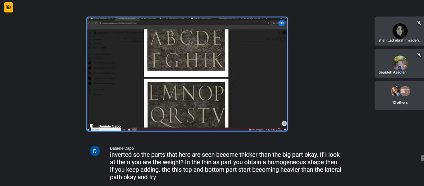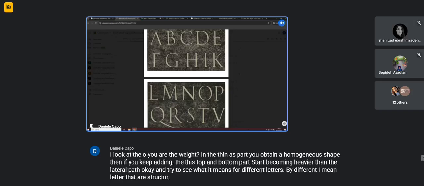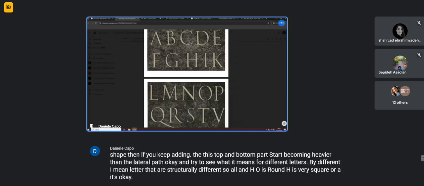Okay, and try to see what it means for different letters. By different, I mean letters that are structurally different. So O and H: O is round, H is very square. Or O, A, etc. Okay, that's it. See you next Friday.